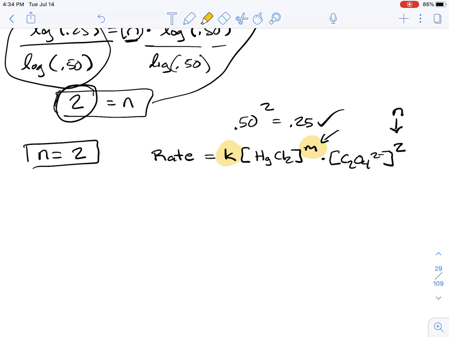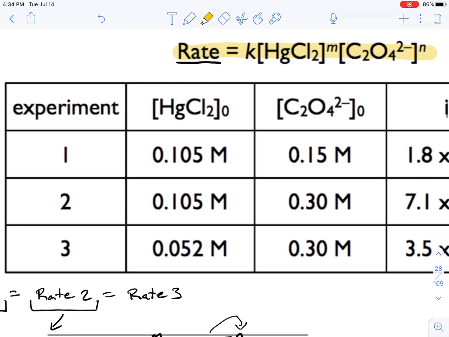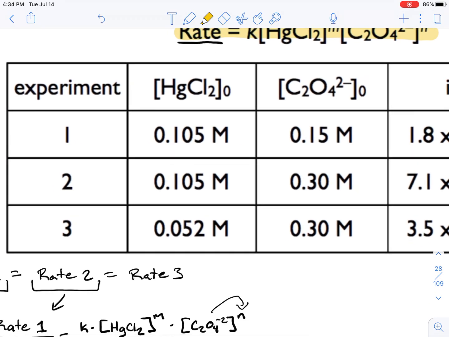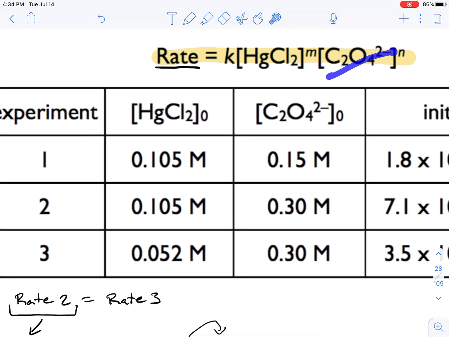And so we're going to go back and look at the experimental data, and we're going to choose 2 experiments that will allow us to cancel n because we already found it. And by canceling out this whole term, and by canceling out oxalate, we'll be left with the concentration of mercury 2 chloride, and m. And m is what we need.